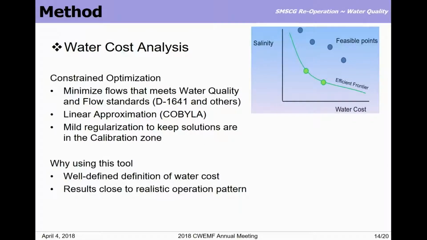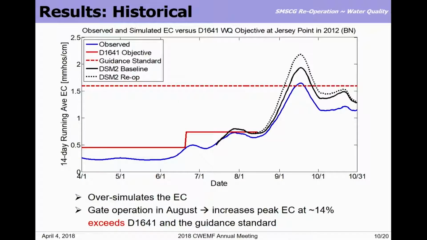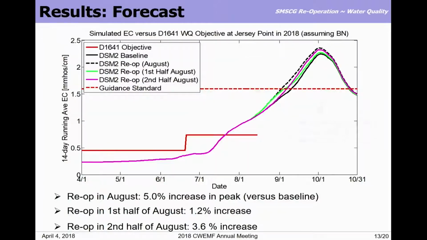That's the reason why we're using this tool, because in real time, this is what will happen. The operator will operate the flow to meet this standard, but they also won't release too much water and fall too far behind the EC flow.